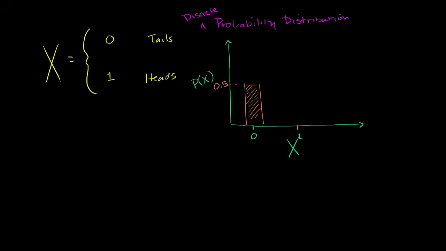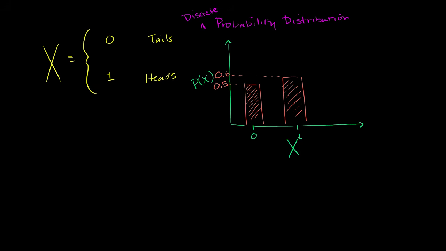And they tell you the probability of getting a 1 is 60%, or 0.6. Now my question to you, and I know you're just starting to be exposed to probability distributions, but based on what you know about probability, is this a legitimate probability distribution?